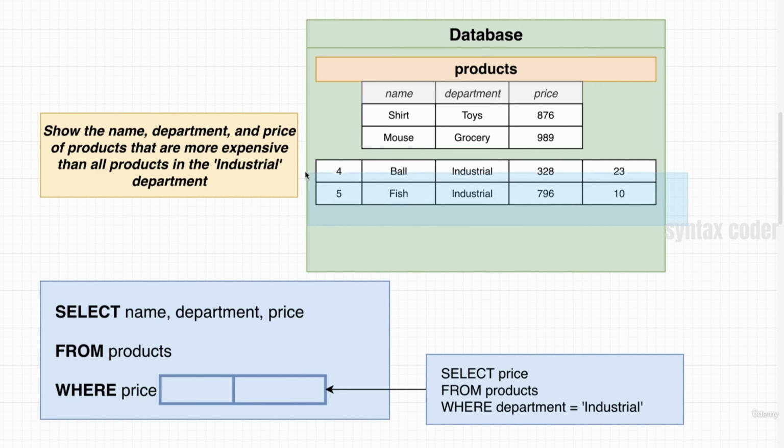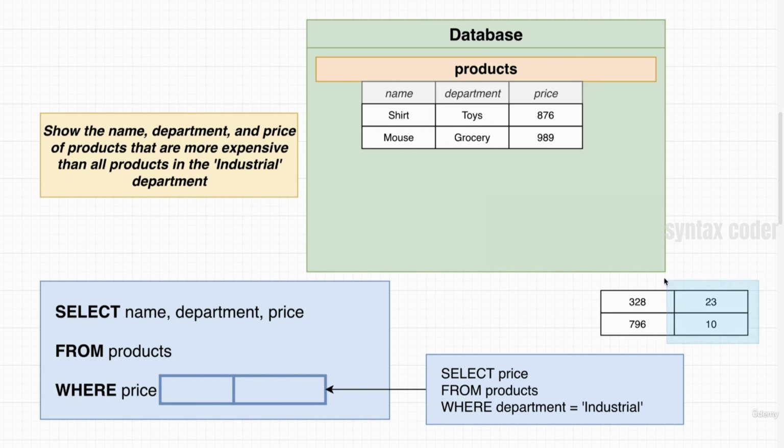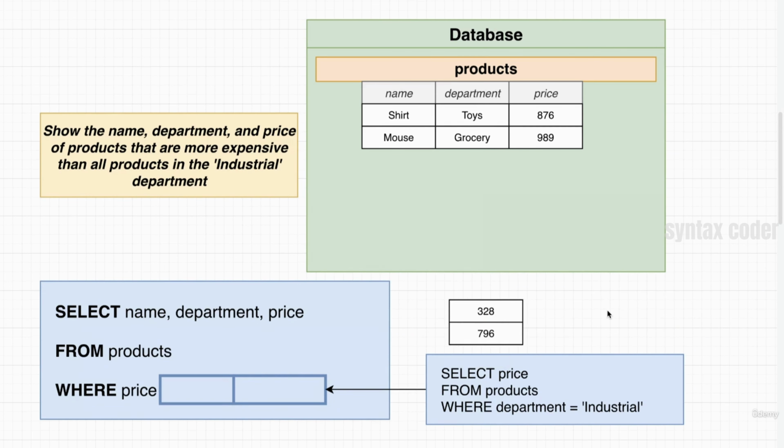So that would give us just these two rows right here. And specifically, we are selecting only price. So we would delete all the different columns except for the price column. So notice how we are now left with one single column.